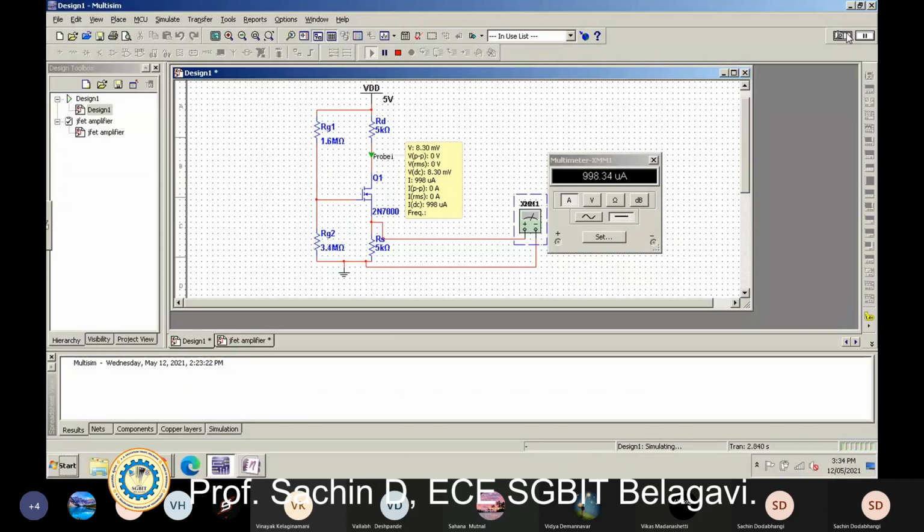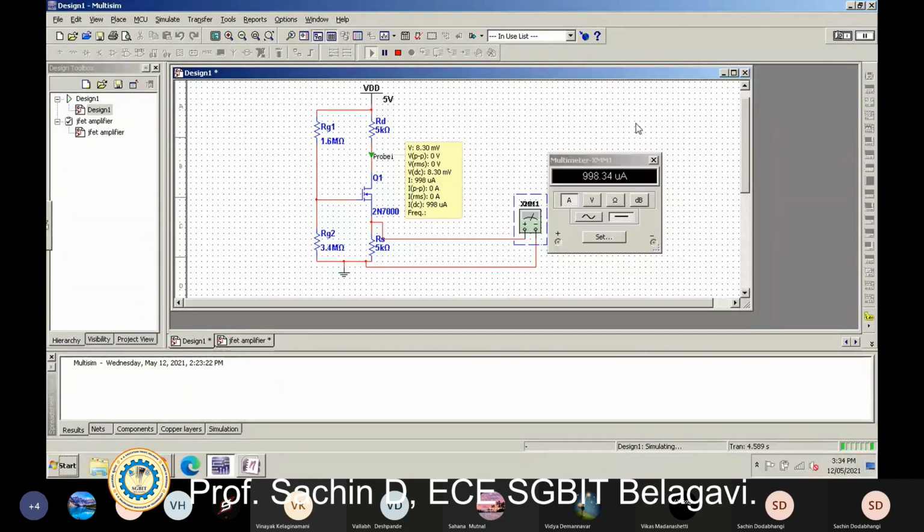That is 1 milliampere, right? It is almost 1 milliampere. Getting it? It is 1 milliampere.